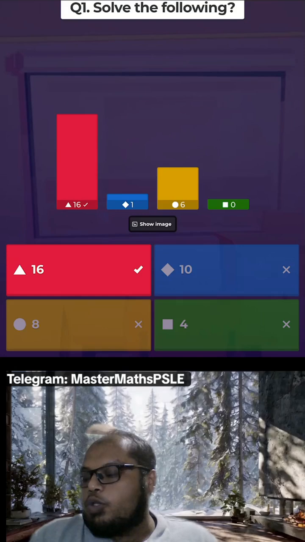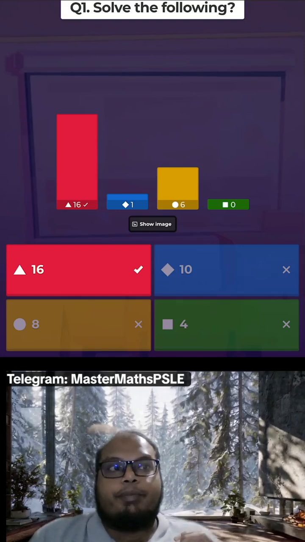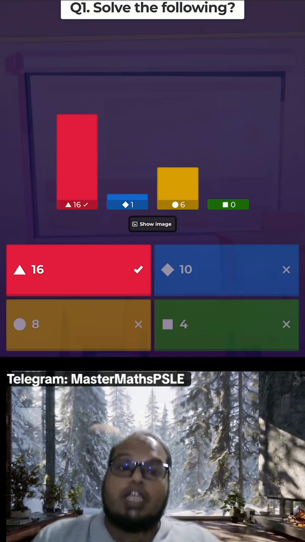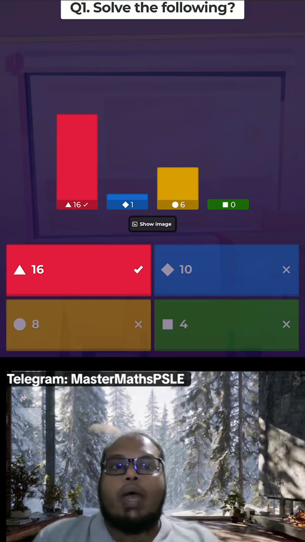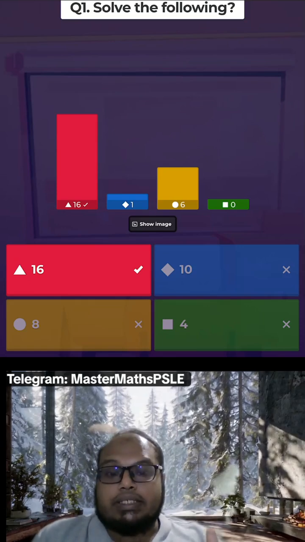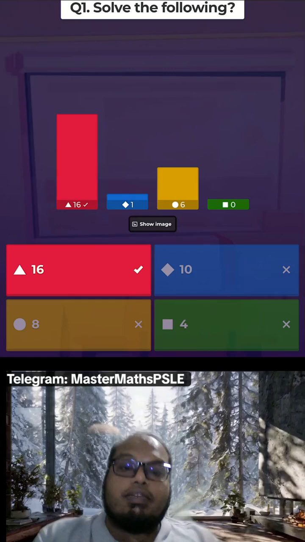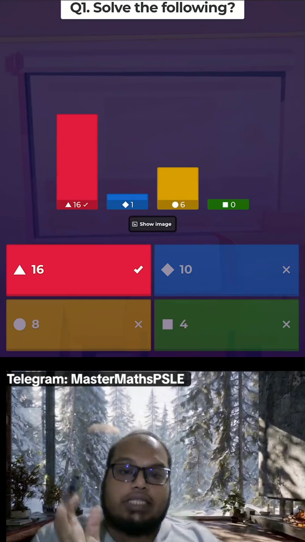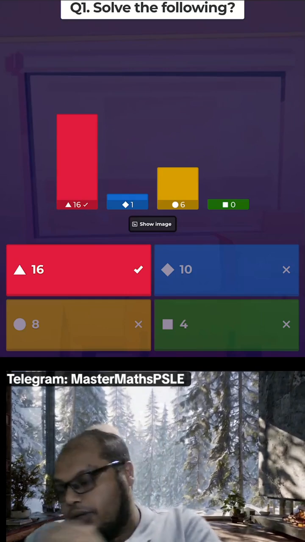So for those who selected 8, basically 8 is your number of groups. You are very close, but in that one group probably you have at least one pencil, one eraser, but they want the total of the pencils and erasers. That's why it must be 16. 8 plus 8, 16.